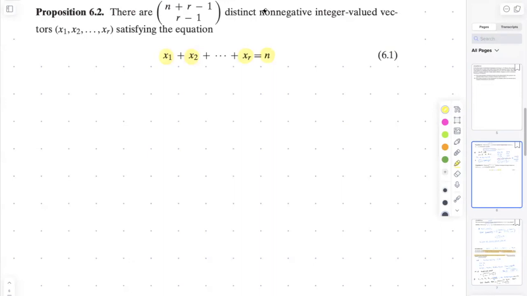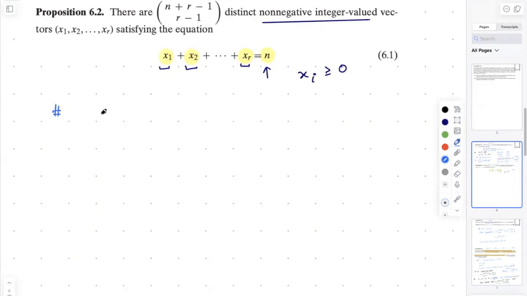In proposition 6.2, n objects are to be divided into r groups, x1, x2, xr, and we are looking for the non-negative integer valued solution.